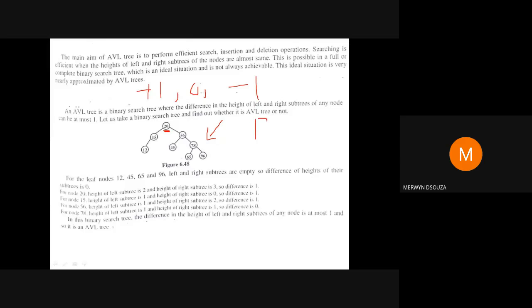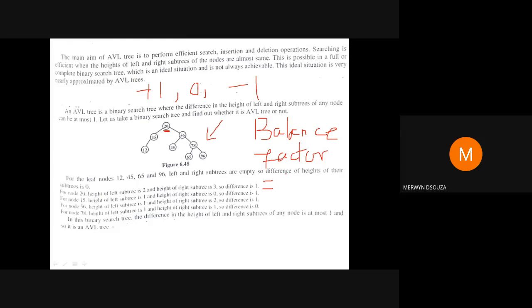This is known as the balance factor. In many textbooks they refer to these values as balance factor. In this textbook they have not mentioned it like that, but you can remember that these are the balance factor values.